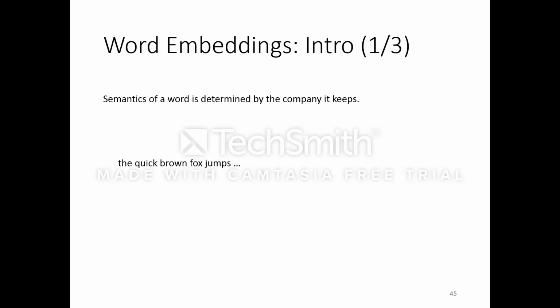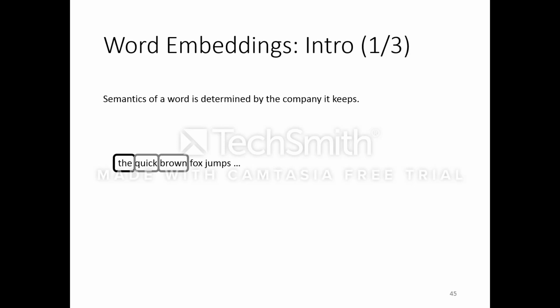Let's look at a particular toy example to start with, and let's say that a document contains these words: a quick brown fox jumps over the whatever it is. And we are looking to generate a vector for each of these words that occur in this document. These words might occur multiple times across multiple documents in the corpus, but we are looking at a toy example to start with.